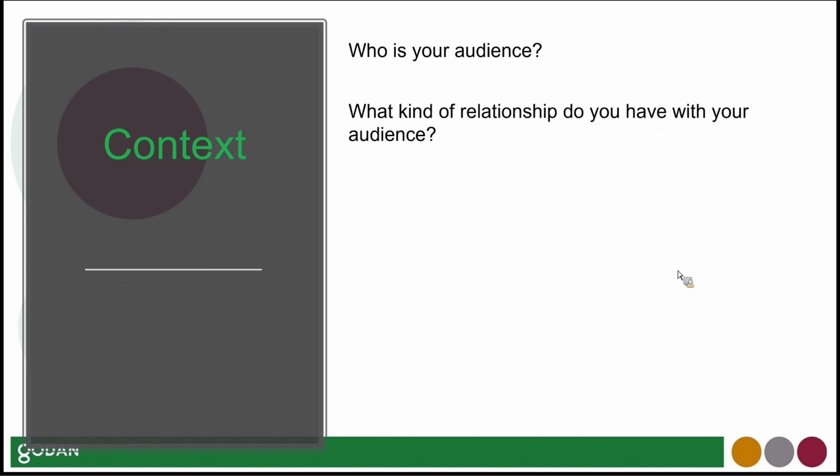Maybe you have a relationship more than just them being community leaders. Maybe they are part of a certain program that you're trying to conduct in their societies. Then in that program, you have a certain kind of working relationship with them, so that you know how to tune the communication between you and them.